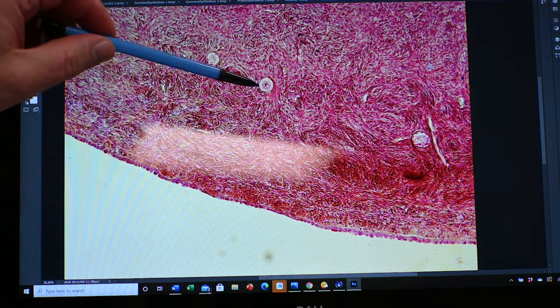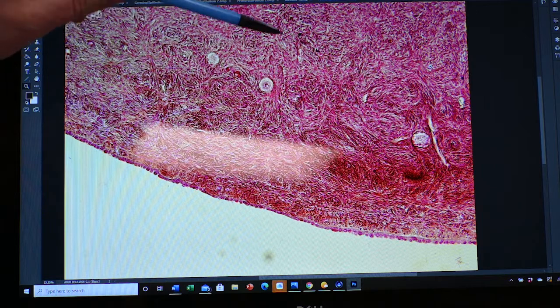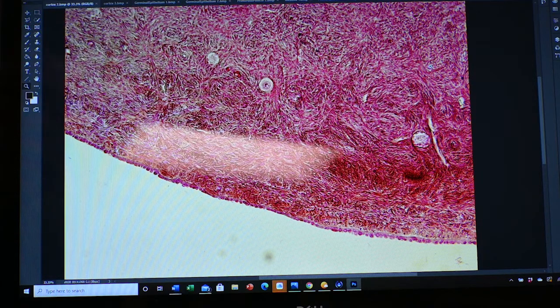Oh, there are a couple of primordial follicles up in here, but all of this is simple cortex material, consisting of that highly cellular connective tissue with some smooth muscle kind of thrown in there. Looks kind of swirled about in there. No specific order to it.